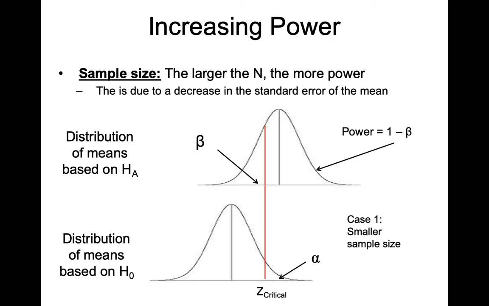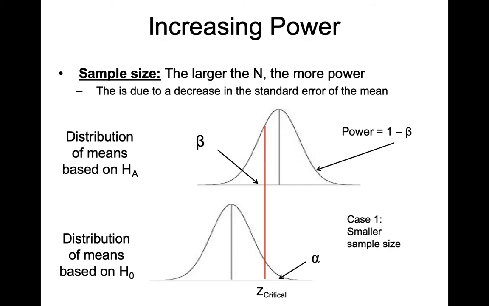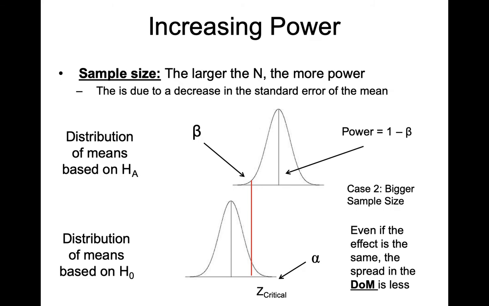So how does that affect our power? Here's the first example. Let's imagine we've got a smaller sample size, so you can look at the spread around the mean. In case 2, we've got a bigger sample size. The effect is the same, that is, the difference between the means is the same, but the spread in the distribution of means is less. Case 1, case 2. Again, you'll notice that the mean difference is the same, but what's different is the spread of those distributions.